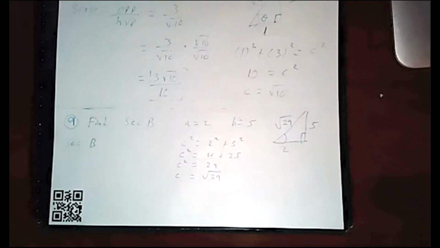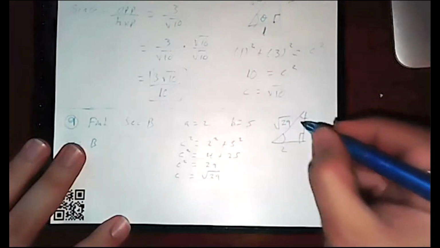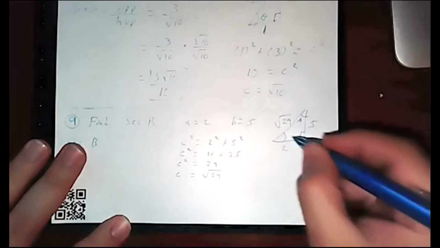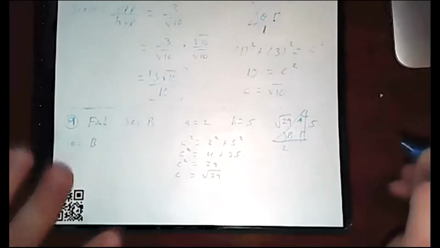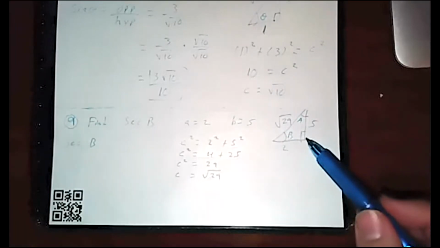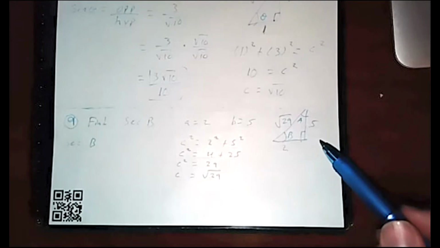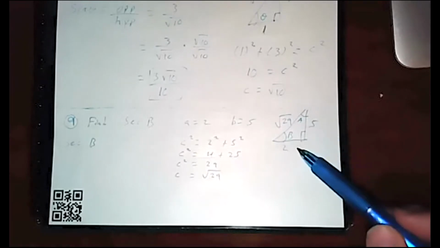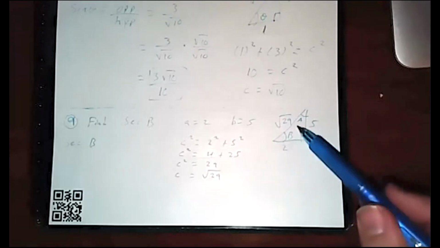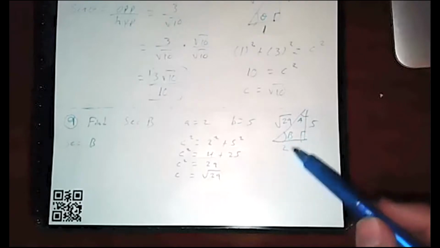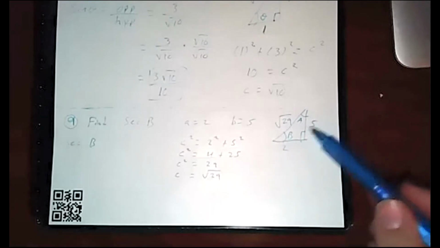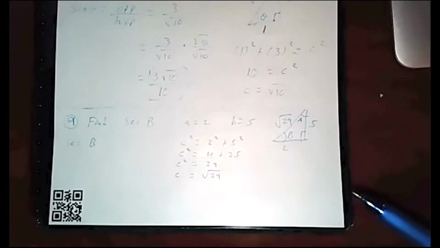Okay, so this said A was 2, so this will be capital A, and this will be capital B. C is the right angle. Usually it's best to, if you have a little a, do the opposite to be capital A. So opposite to this is capital A, opposite to little b is big B. See what I mean?